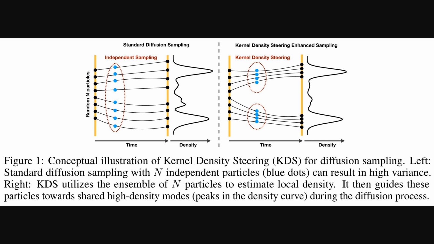On the left, you see standard sampling, where these particles are independent and spread out, leading to varied and sometimes noisy results. But on the right, with kernel density steering, the particles learn from each other. They are guided towards shared, high-density areas. Basically, they find the most plausible solutions together, resulting in tighter clusters and sharper final images.